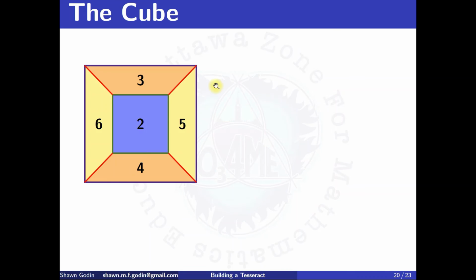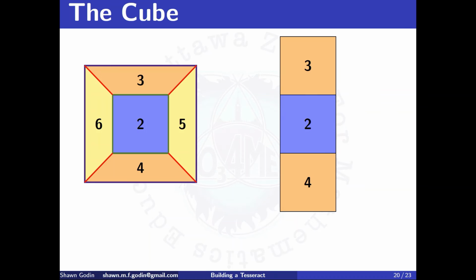So let's focus on face number 2 here, and we see that it's attached above and below by 3 and 4. Those are squares that, when we slice here and slice here, I can fold 3 and 4 down. Similarly, 5 and 6 can fold down onto the left and the right. And all that's missing is that outside one.